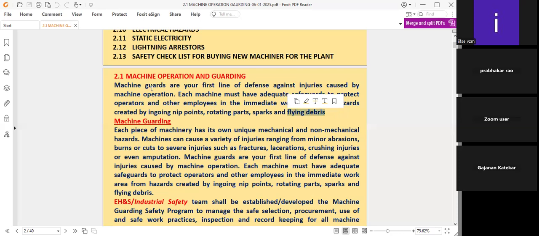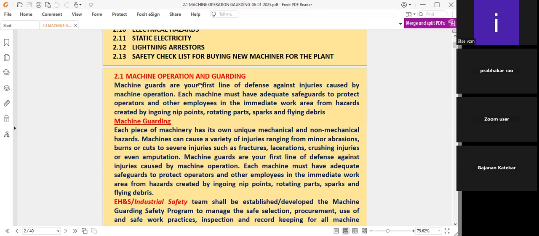So machine guards are your first line of defense against the injuries caused by machine operation. Once the machine is in operation, it must be guarded or surrounded by a designed guard, otherwise injury is caused.